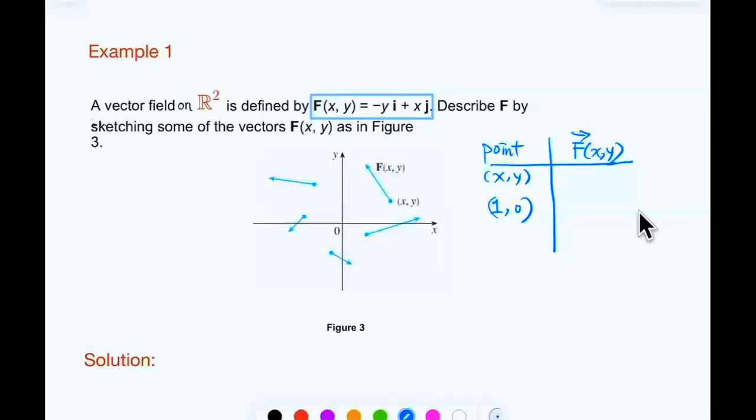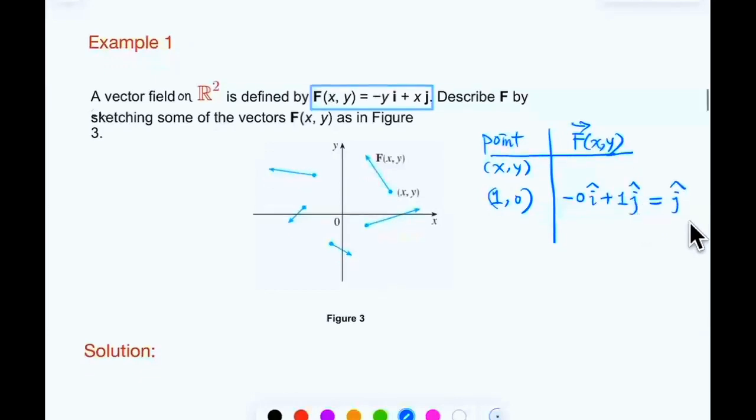Yes, 1j. You get negative y, and y here is 0, so that is going to be 1j. So the output will be this vector j.